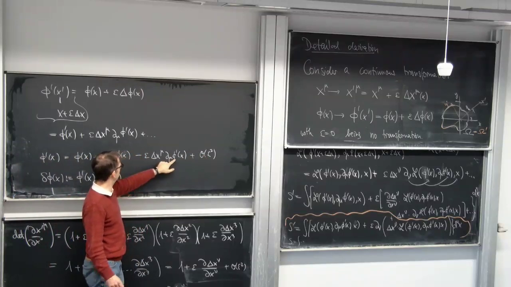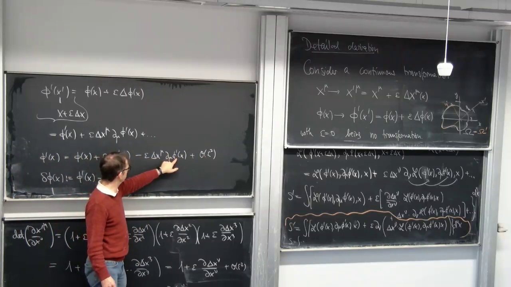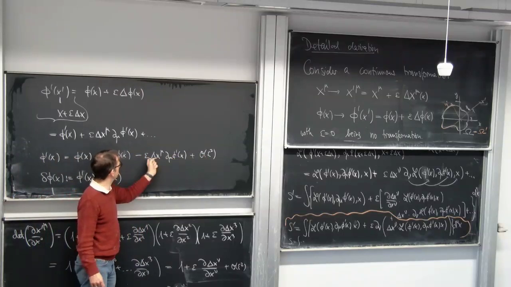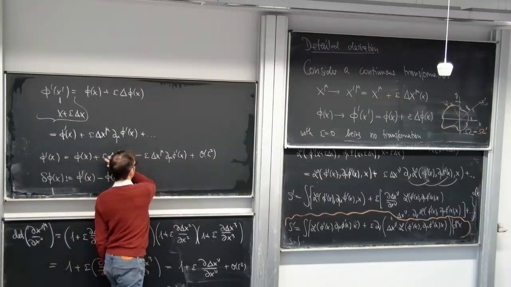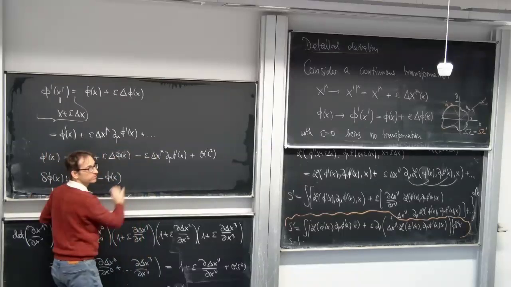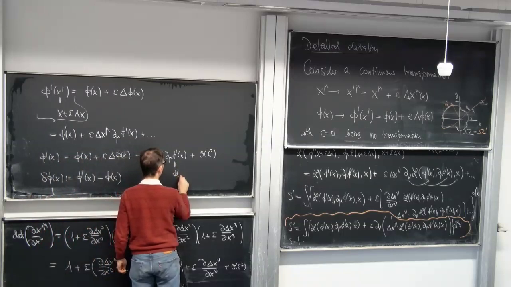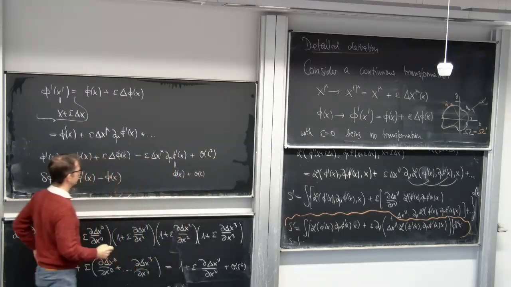Because at the lowest order, phi prime is equal to phi, and there's an epsilon. And the next term will bring an epsilon squared, which moves the change here. So if I remove the prime, I haven't changed anything. So at this location, I can write phi of x, just messing up the next terms.